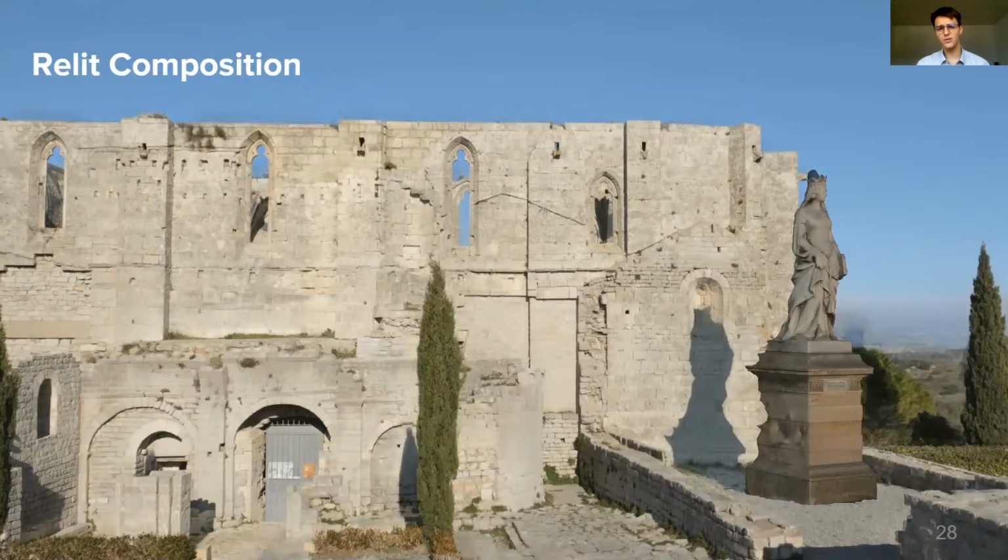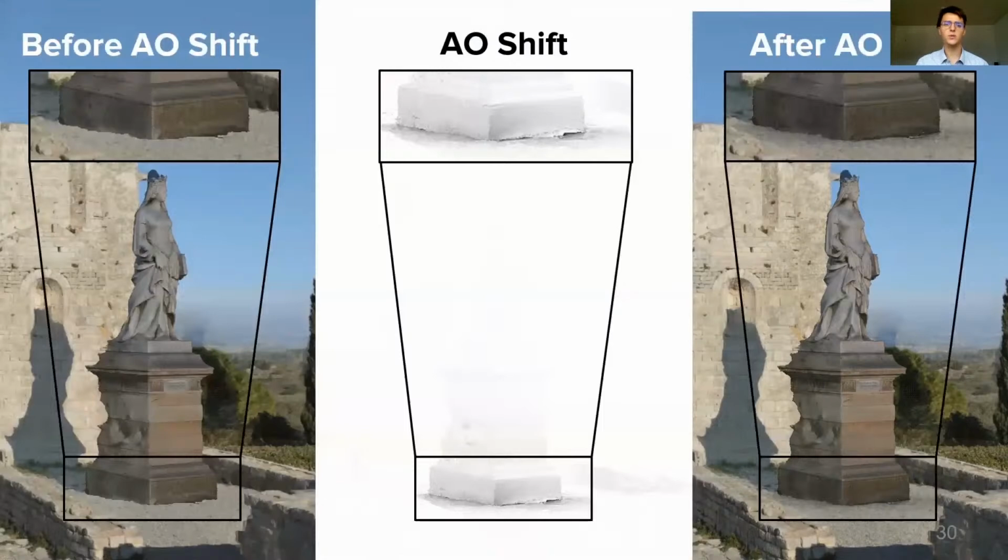So changing color temperature allows to quickly compensate that. And this is the result. The second step is to compute the ambient occlusion in both the composition and the original scenes, and this gives us a per pixel ratio that we can apply to our image, thus allowing to visualize better the new contact points, such as here, between the base of the statue and the ground.